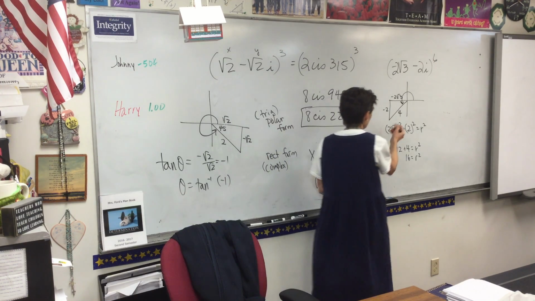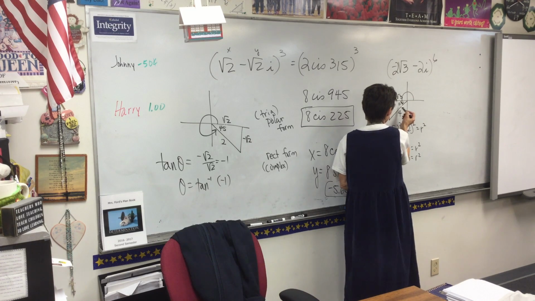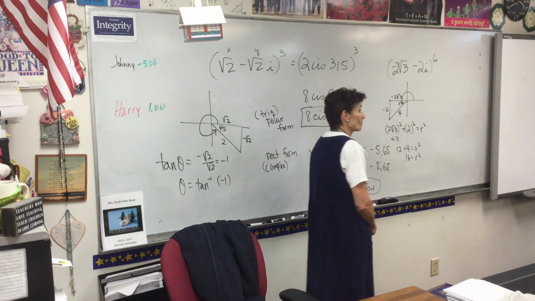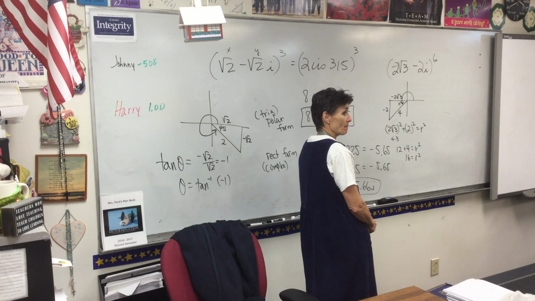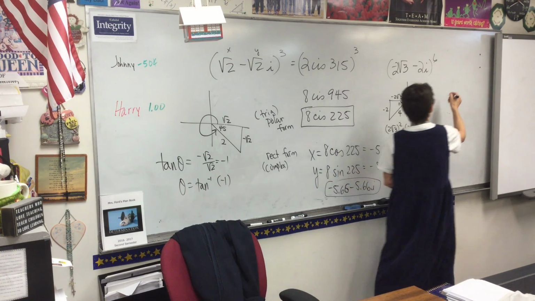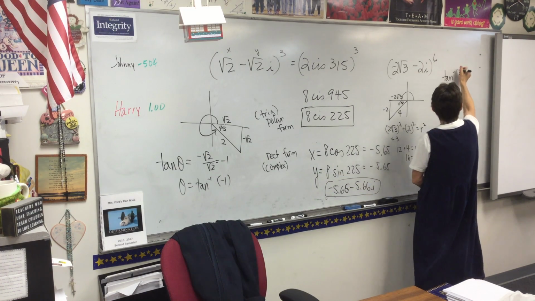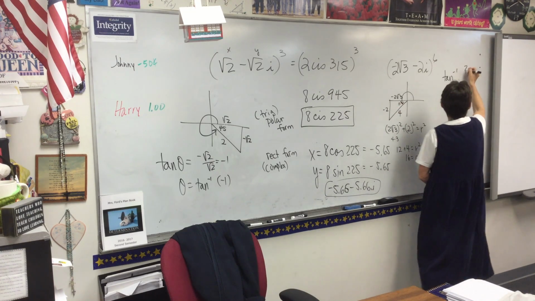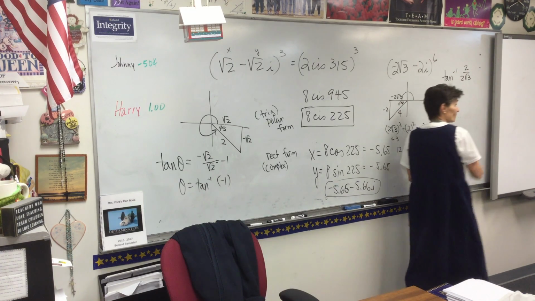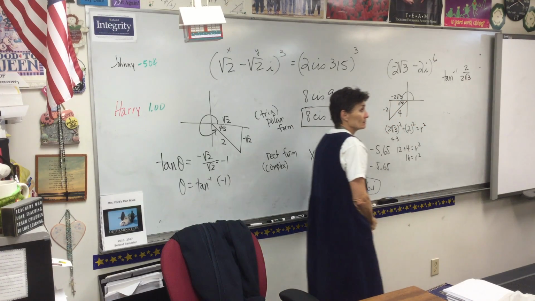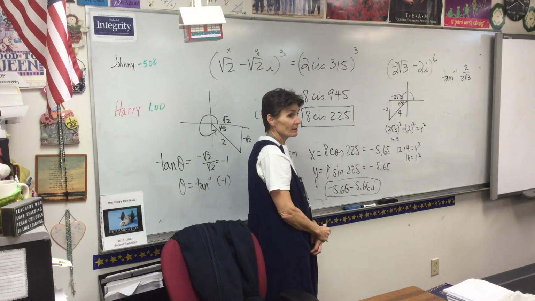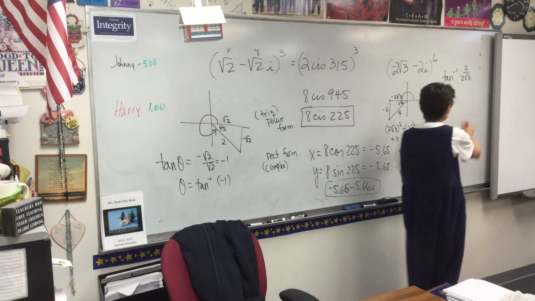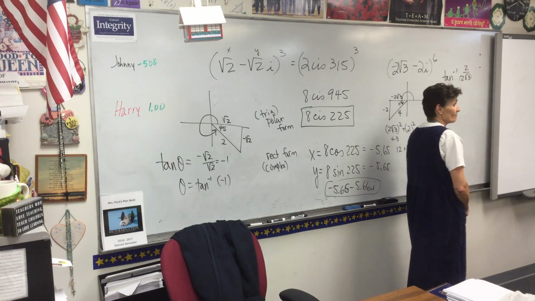Now, how about this angle right here? How am I going to find that one? Inverse tangent. Now, this is another one that's going to be a little bit tricky. You're going to take inverse tangent of 2 over 2 root 3. If you put that into your calculator, this has got to be in separate parentheses.